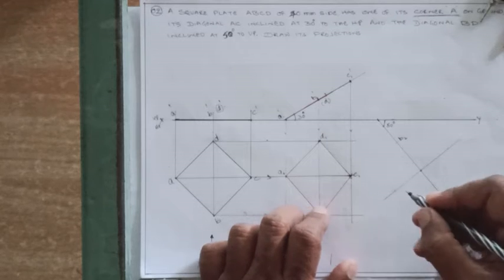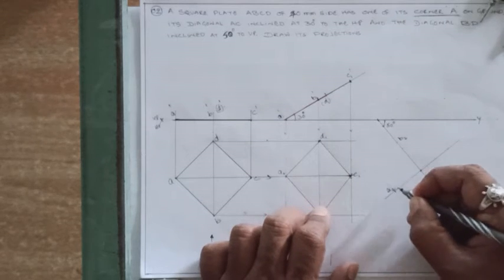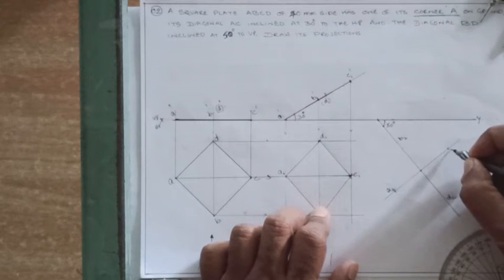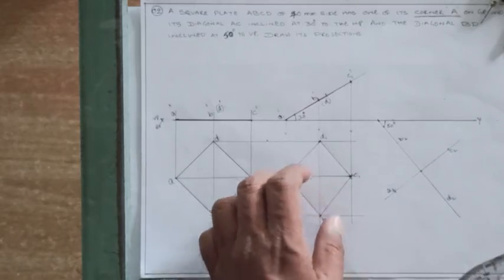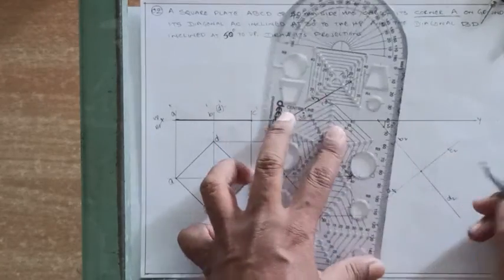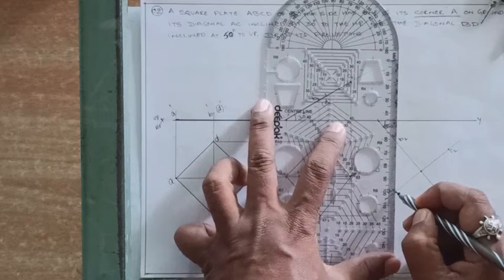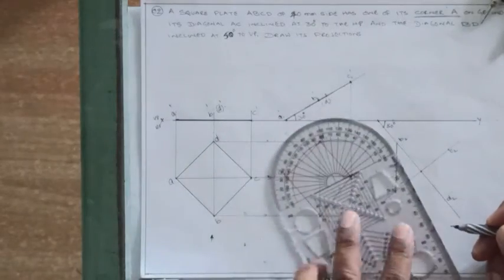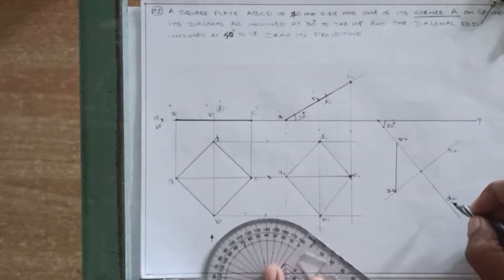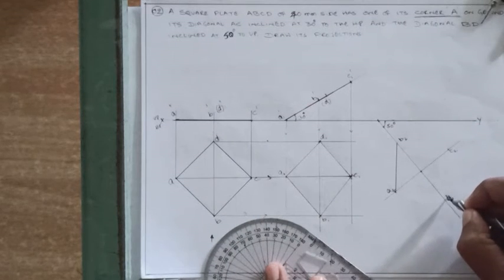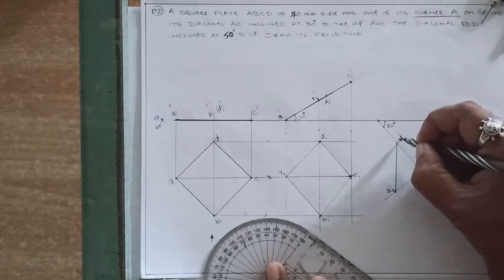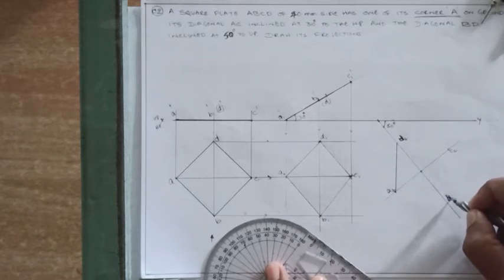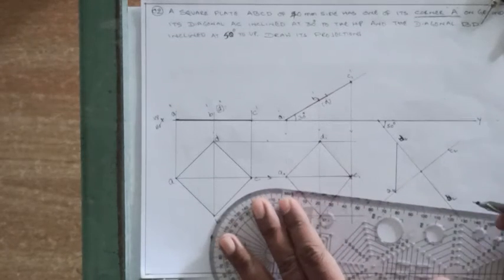So here you will be getting A2 and C2. Now join this in order. Sorry, this should be B2 and this should be D2 and B2. It is in order. Okay.